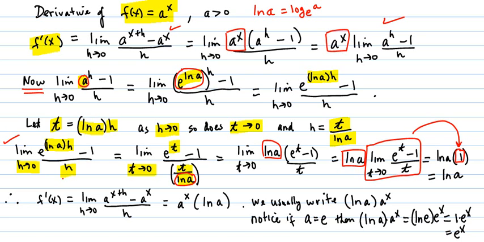Therefore, our final statement is the derivative of f of x equals a to the x is the limit definition here, which comes out to be a to the x times log a, because it was over here a to the x times this part here, and that part was log a.